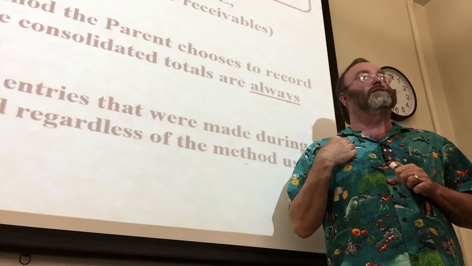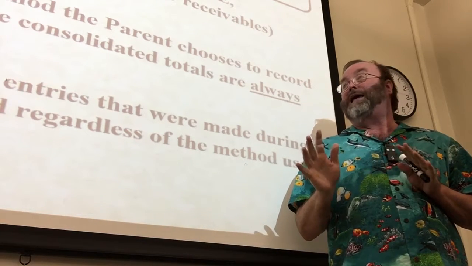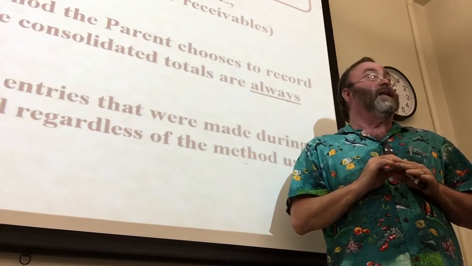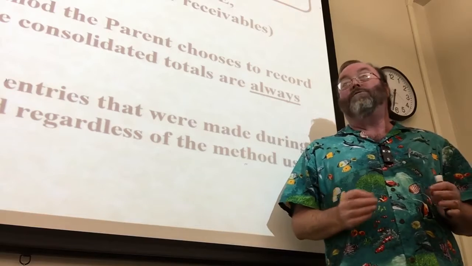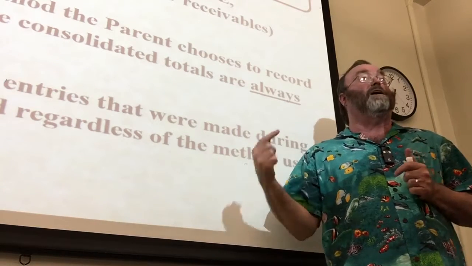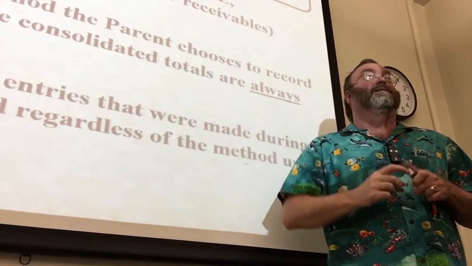If I send an invoice from the parent to the subsidiary for anything, buying inventory, providing services, renting out the corporate airplane, whatever it is, there should be an offsetting payable at the subsidiary to the parent.